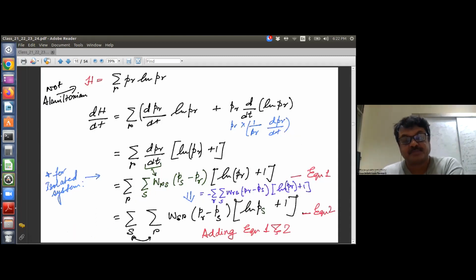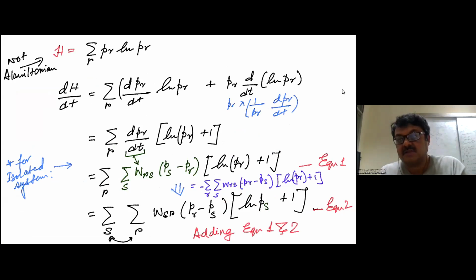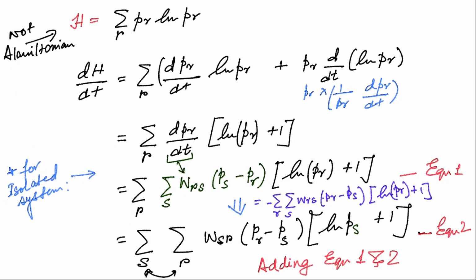So the rate of change of H with time, dH/dt, is dPR/dt ln PR, right?